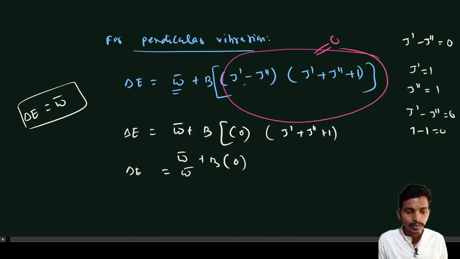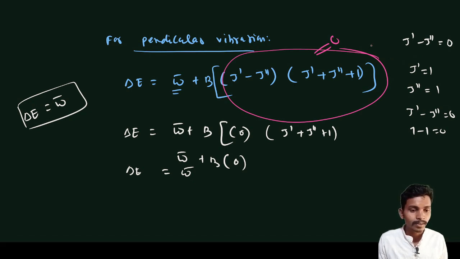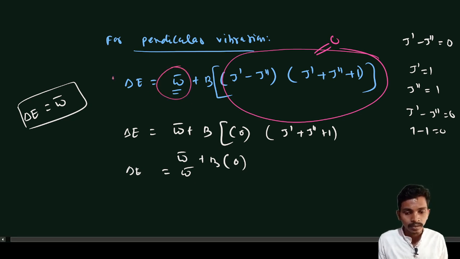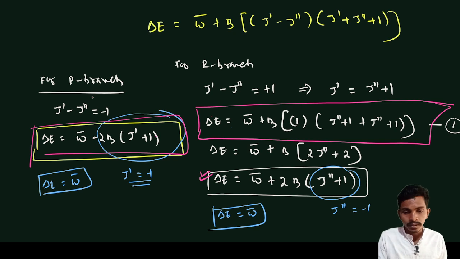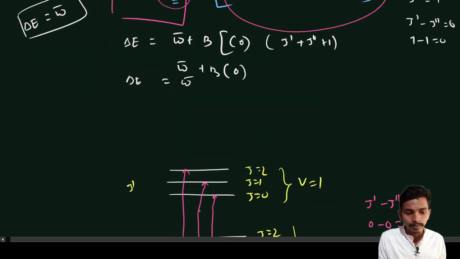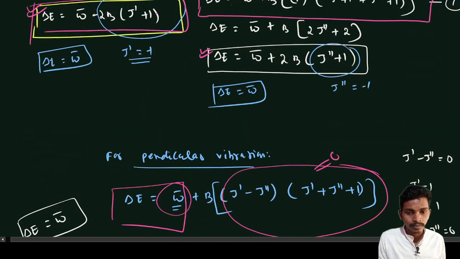If you put J dash minus J double dash equal to 0 in these equations, then we get the whole value 0, and delta E equal to omega naught. But specifically for the P branch and R branch, we put J dash minus J double dash in these equations that we already derived, so in these equations we do not get this type of transition.